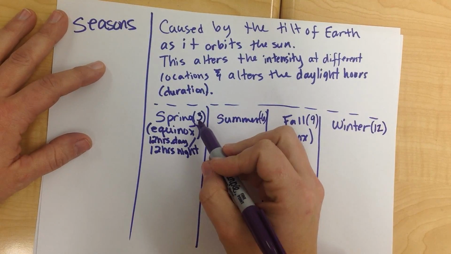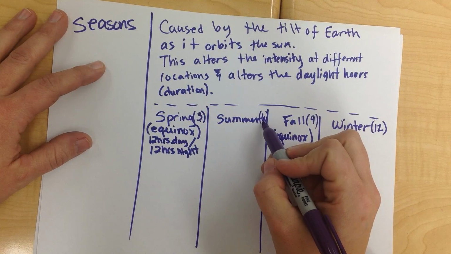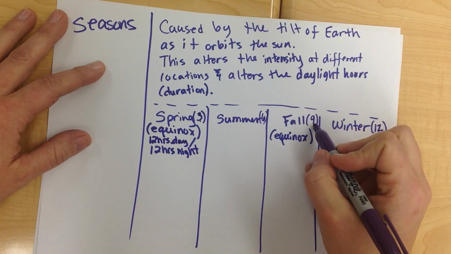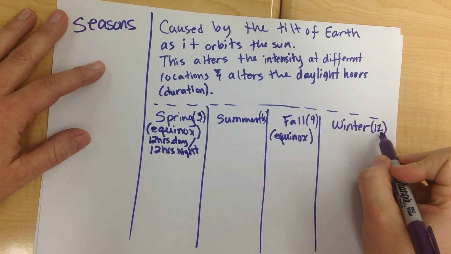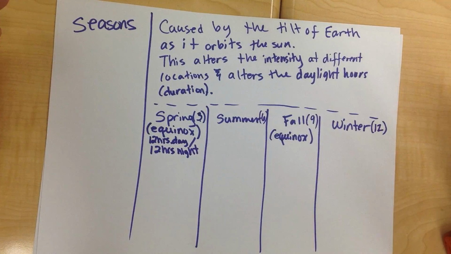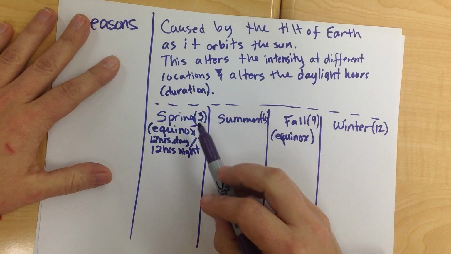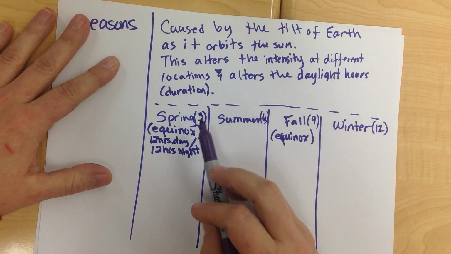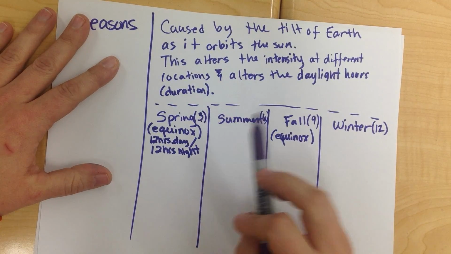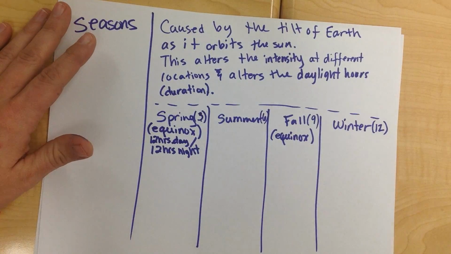So these numbers I put here represent March, the 3rd month, June, the 6th month, September, the 9th month, and December, the 12th month. You don't actually need to know the specific days for us, just know the general time of year, later in the month, starting at the 3rd, and then every 3 months off of that.